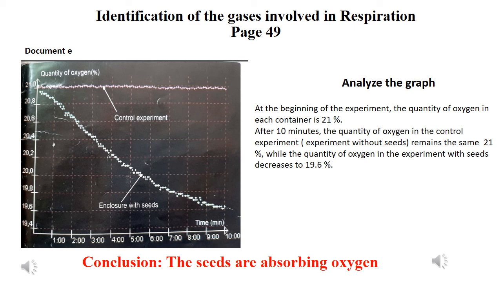This means that oxygen here is not absorbed, because this container doesn't have seeds, while the quantity of oxygen in the experiment with seeds decreases to 19.6%. What do you conclude here? That the seeds are absorbing oxygen.